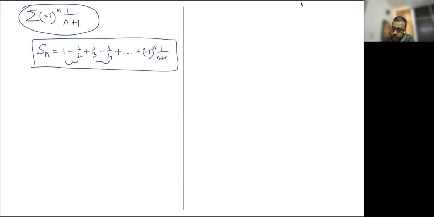Okay, so what are the tools available if we want to see whether, say, Sn converges? So we are interested in this question, right? Whether this converges. Now, when you are interested in this question, what are the things that are available to us?